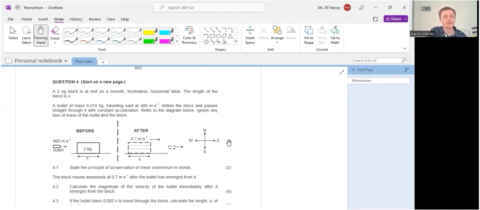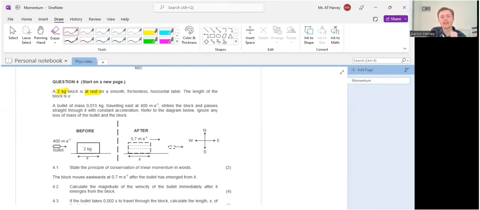An important thing to do is to first analyze your question. So you're going to read through it slowly and carefully. They say a 2 kg block, 2 kgs is a very important thing to notice, is at rest. Again, at rest is a very important thing to notice, because what does at rest mean?